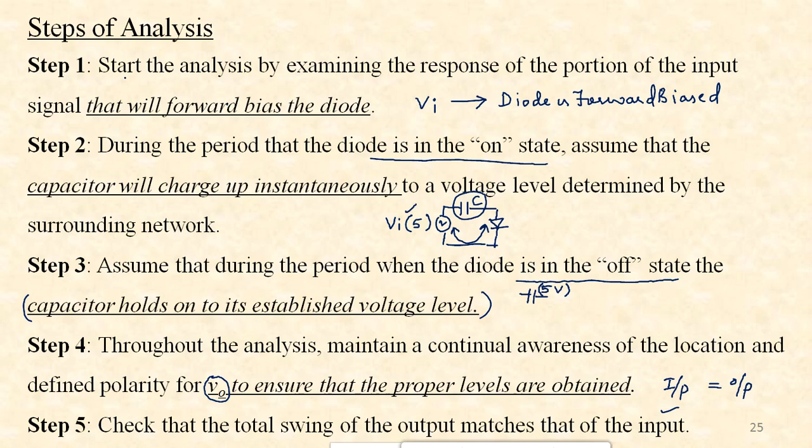Yes, steps for analysis. The first step itself says, start the analysis by examining the response of the portion of the input signal that will forward bias the diode. So this point is extremely important. Whether the positive half cycle or the negative half cycle of the input forward biases the diode, whichever portion forward biases it, you will have to start your clamper analysis with that portion.